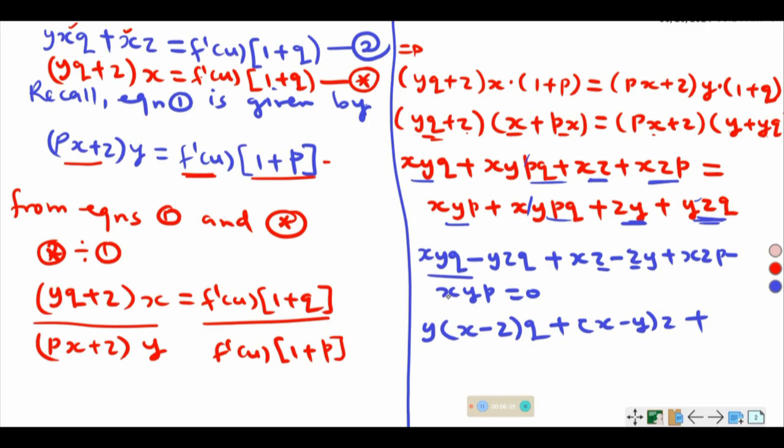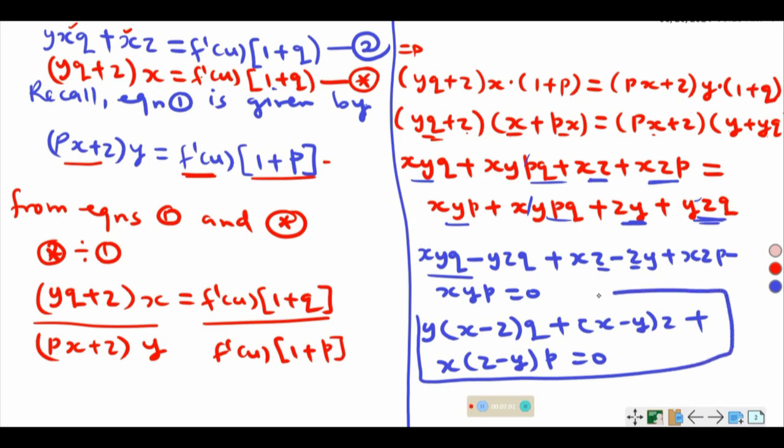So we realize that xp is common, so we shall have plus, let us put x out and p, so we remain with z minus y into p, and this will be equal to 0. So this one here will become our answer. You realize that within this expression we have totally eliminated the arbitrary function, which is f.